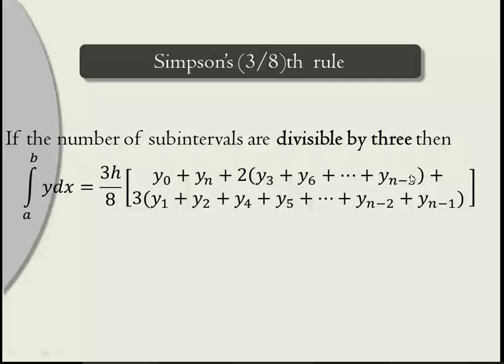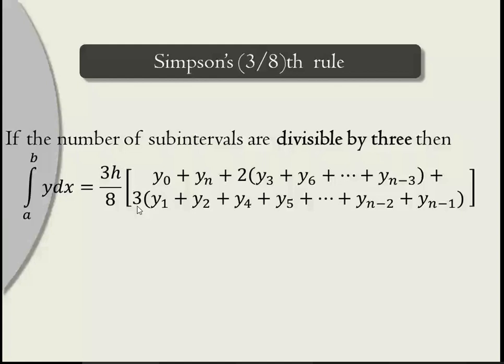Other than that, whatever terms are there, add them and multiply by 3. Okay, a very easy and very important formula to find an integration. This is more accurate than the 1/3 and trapezoidal rules, but the restriction is that the subintervals must be divisible by 3. That is the condition.